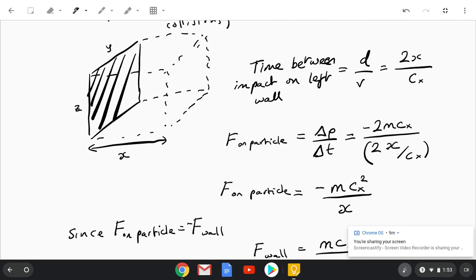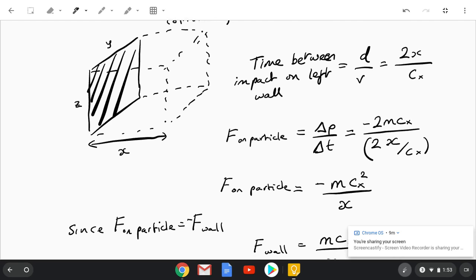So we are only considering this wall and the particle moving in the x direction. We are looking at the time between successive collisions on that same wall, not this wall. We're not looking at this wall here. So the particle hits this wall, bounces off, hits this wall, comes back to hit this wall.